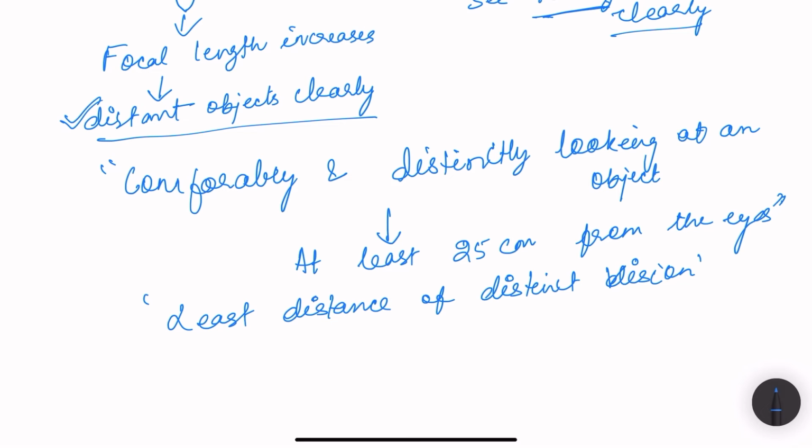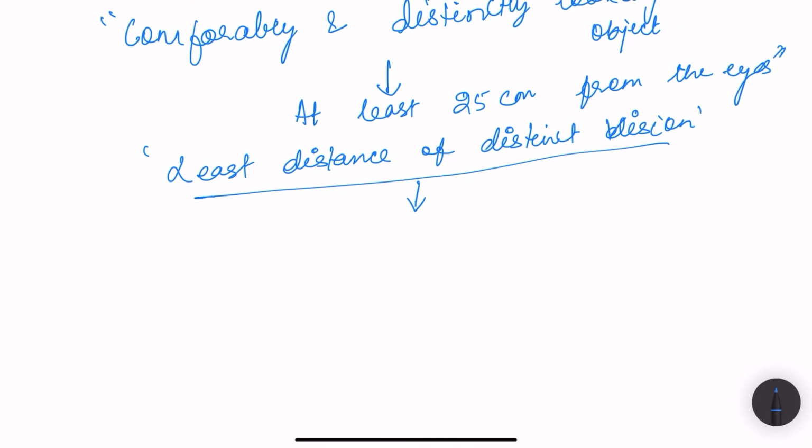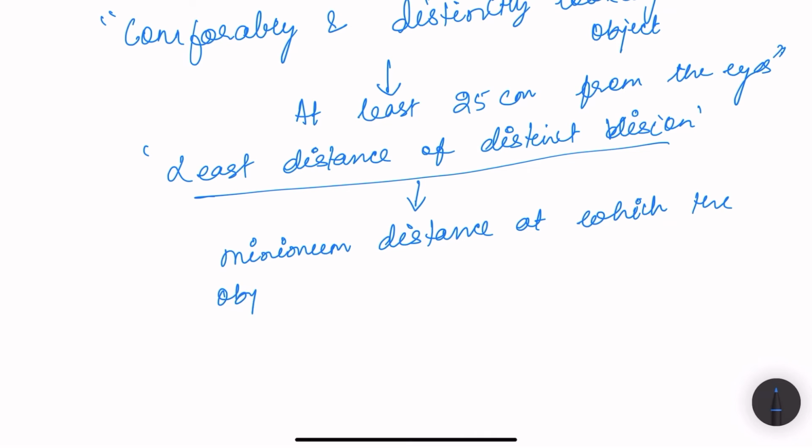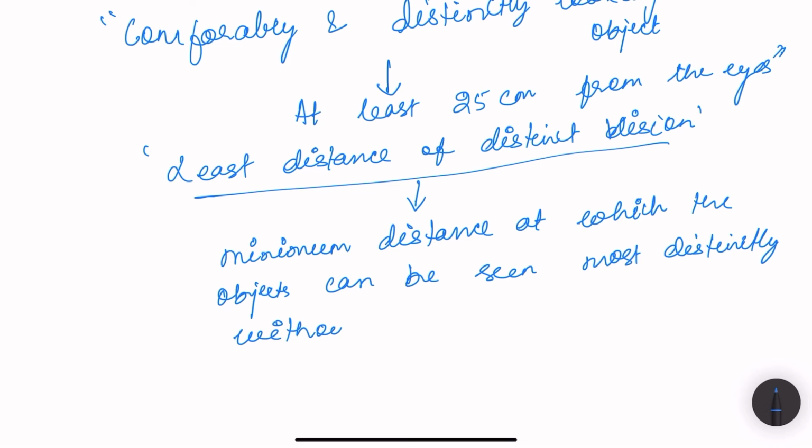So what is the least distance of distinct vision? It is the minimum distance at which objects can be seen most distinctly without any strain to the eyes.